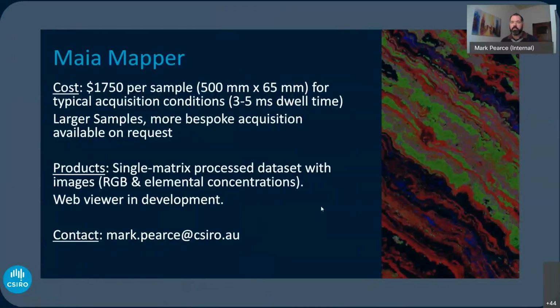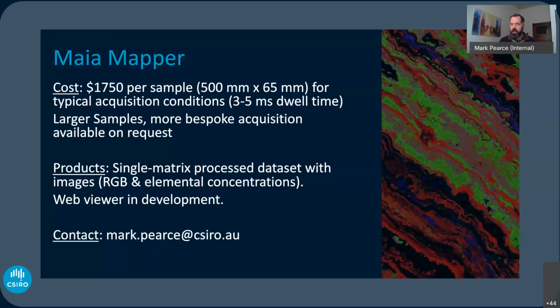In terms of accessing the Maia mapper, we typically incorporate this as part of a workflow where we take core scale data sets and link them, using the Maia mapper, to microscale analyses to solve particular problems posed to us in terms of ore genesis or understanding the geometallurgy of ore deposits. But we also have some ability to run these as separate samples, and in general we charge on the order of $1,750 a sample for typical acquisition conditions.